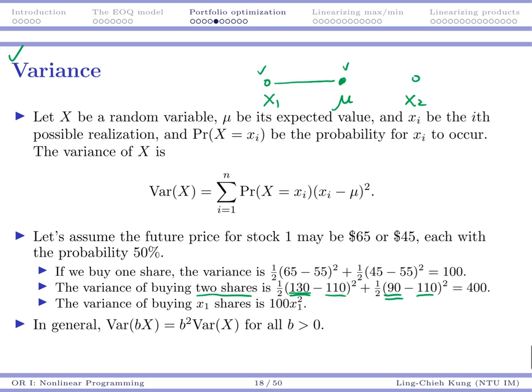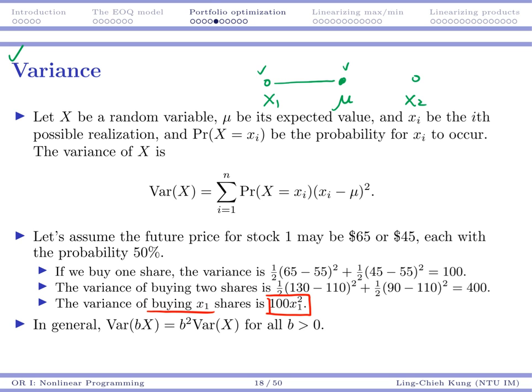In that case, I get 400 as my risk, or variance. So my conclusion is that if I buy x1 shares, my variance from stock 1 would be 100 x1 squared.